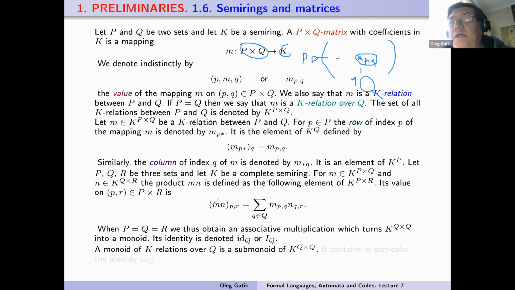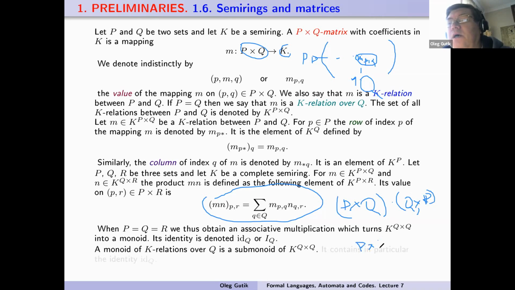And such an operation is the usual operation of multiplication of matrices of the form P times Q multiplied by a matrix Q times R, and we get a matrix of the form P times R.